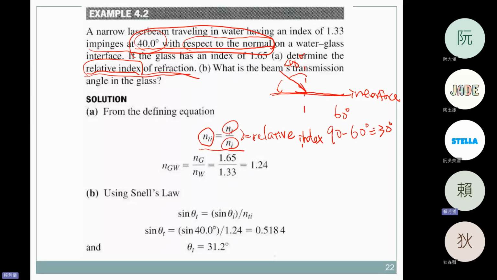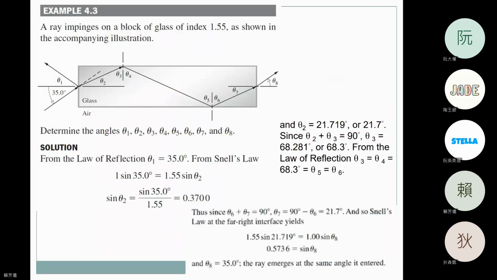So here the first question is to determine the relative index of refraction, so we need to calculate Nt divided by Ni and get this answer. And the question in B is, what is the beam transmission angle in the glass? You can use Snell's law to calculate the transmission angle.